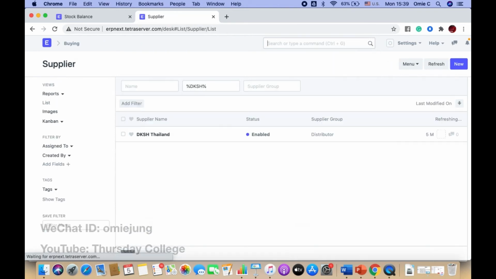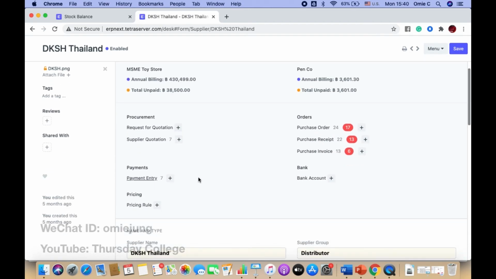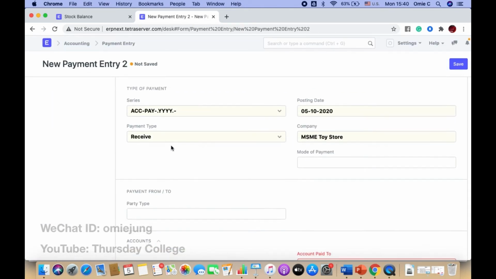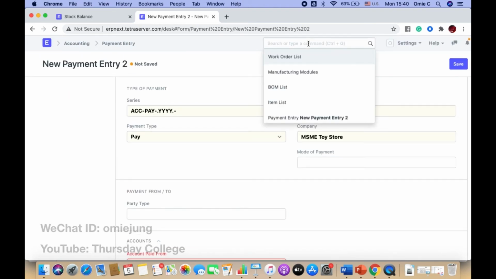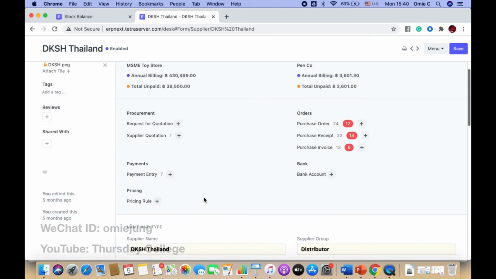Something like this. If you want to make the payment, you remember that we issued the invoice already, so we're supposed to make the payment. When we try to make the payment, or maybe I'm going to use a payment from some former record. Okay, so I put the payment here. I think maybe I go back to the supplier list, okay, maybe better. In here, I set payment, click on here.